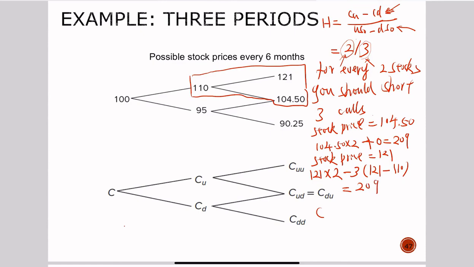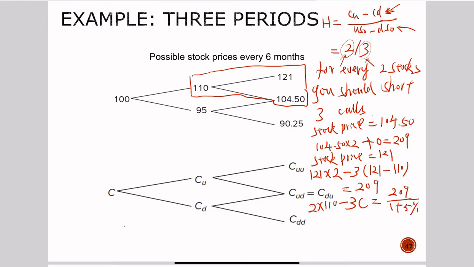So this shows you that no matter whether the stock price increases or decreases, your portfolio value would always be the same, right? So this basically tells us 2 times 100 minus 3C equals 209 divided by 1 plus 5%, right?